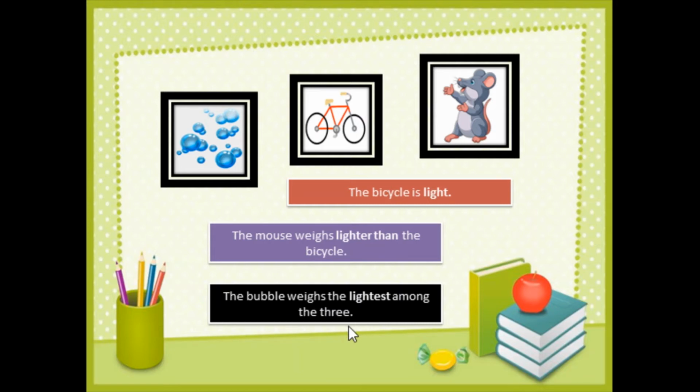Very good. So which object is light? Bicycle. Very good. Which object is lighter than it? Good job. It's the mouse. And which object weighs the lightest? Very good. It's the bubbles.